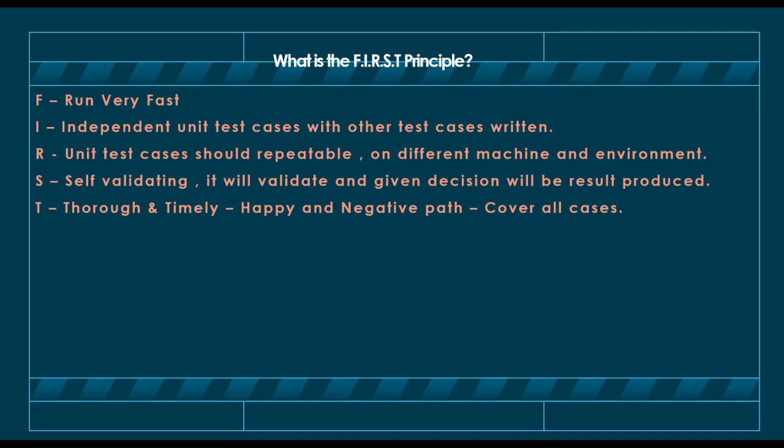So you have tested by all means, so that you are confident that whatever input is provided to it, it will run successfully, or it will be able to handle the scenarios. So that's it about the first principle.